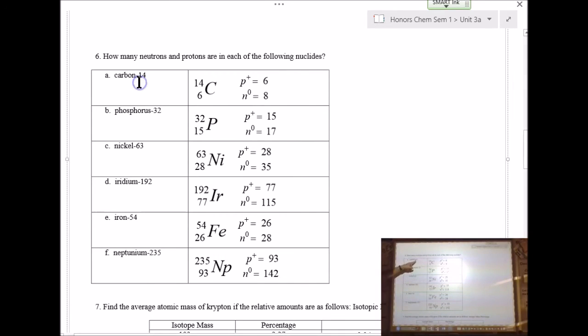However, don't freak out when you see a 14, a 32, 63, etc. Those masses will not be on the periodic table because these are isotopes. All right. So make sure you know what that dash 14 means. That is the mass, the protons plus neutrons. Same thing with all the other numbers behind there. I don't believe I asked you to write the symbol, but it's not a bad idea to get practice on that. So make sure you know what the mass number is.